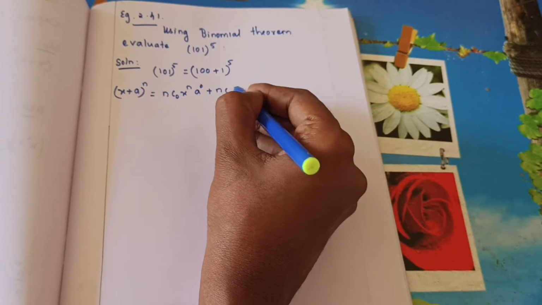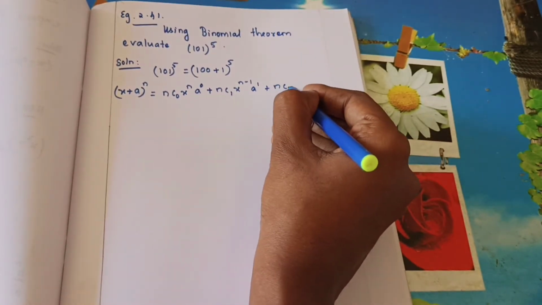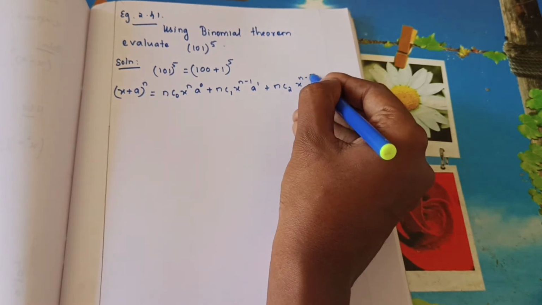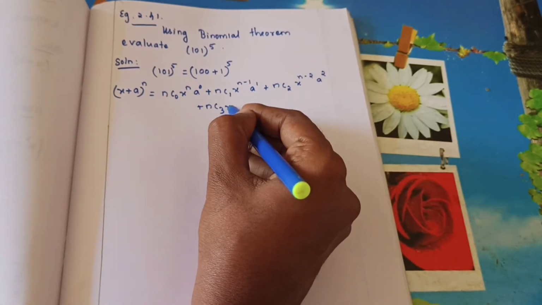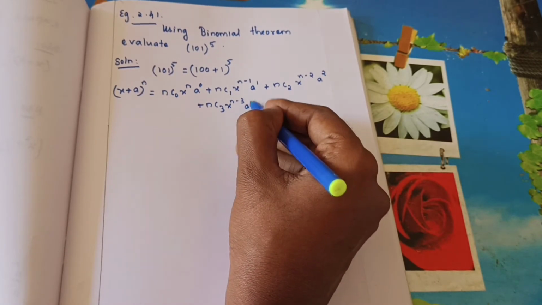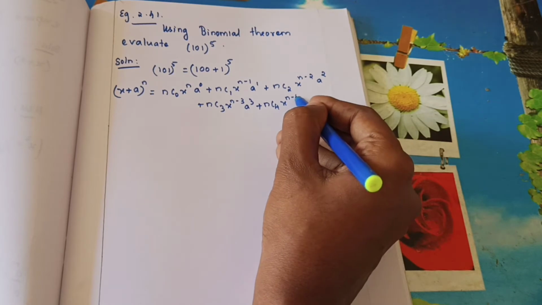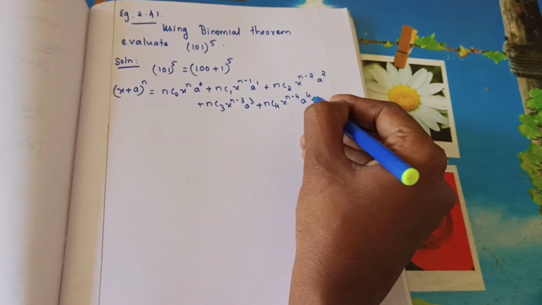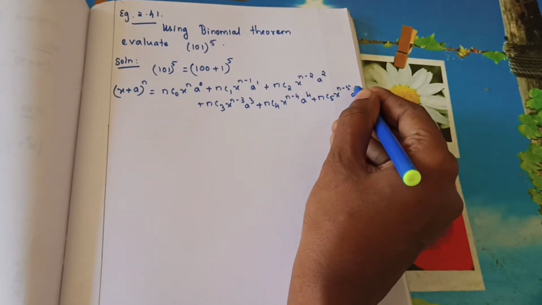Next nC1 x power n minus 1 a power 1 plus nC2 x power n minus 2 a power 2. Next term nC3 x power n minus 3 a power 3. Next term nC4 x power n minus 4 a power 4. Next term nC5 x power n minus 5 a power 5.